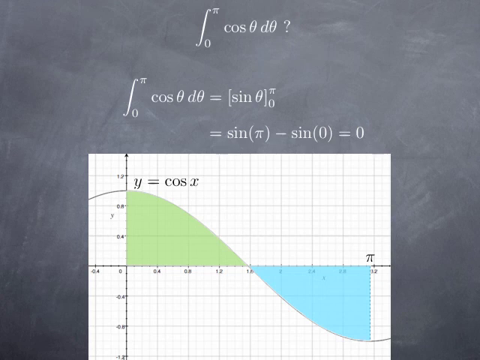Of course, I have the same area above and below the x-axis, and they cancel each other out. In other words, we could have figured out by a geometric argument that this integral is 0 without even knowing the fundamental theorem of calculus. But you see that here we can just get our answer without thinking very much once we have this fundamental theorem of calculus as a tool.